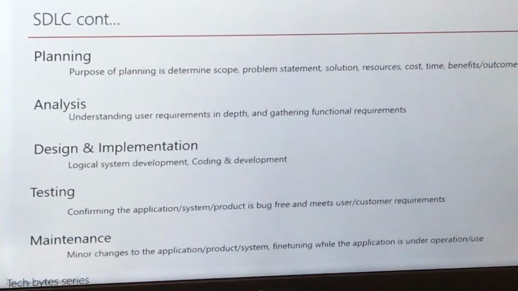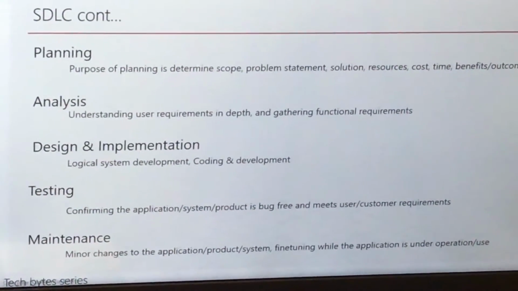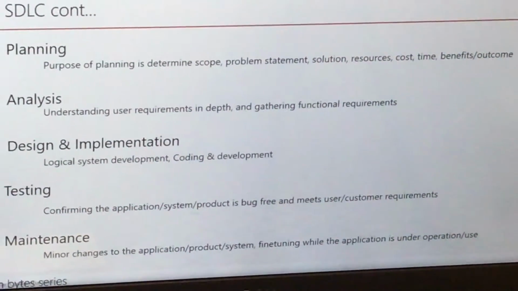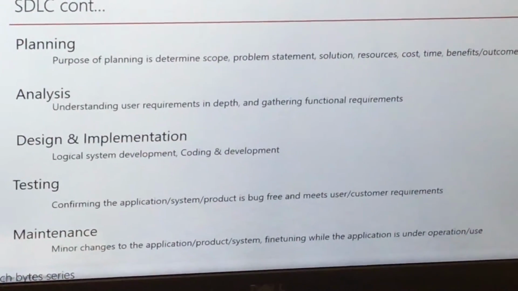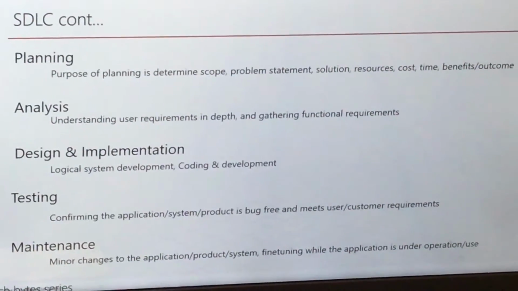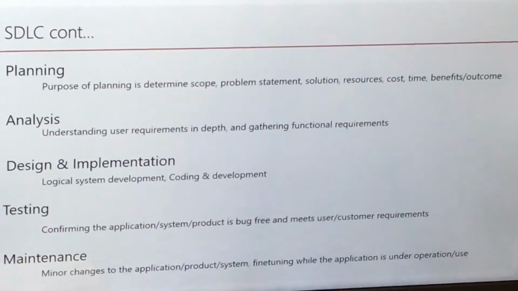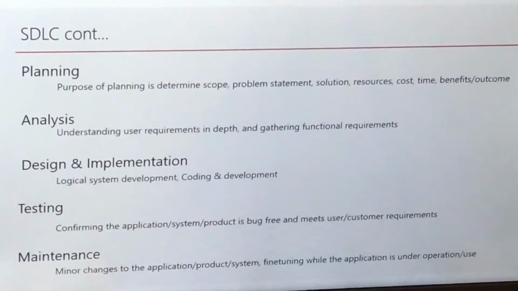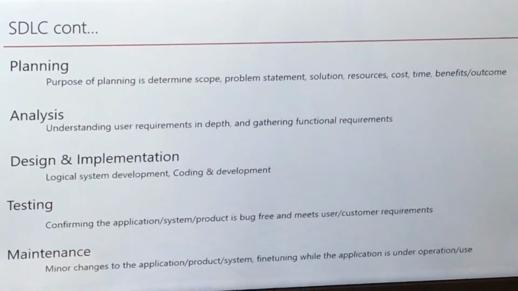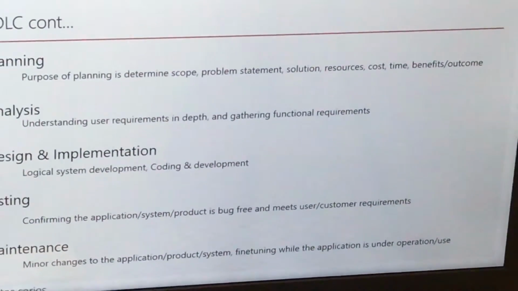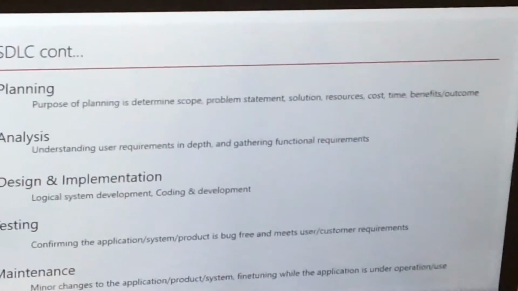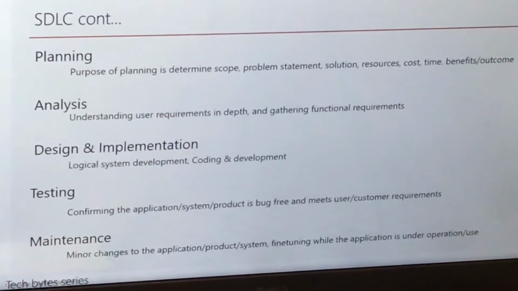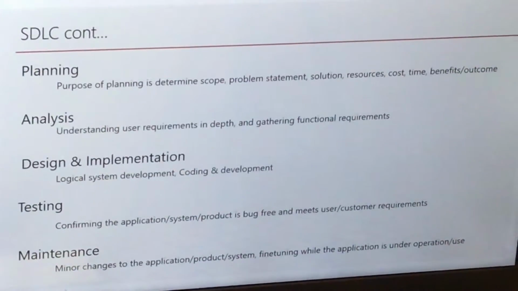At the same time, we plan the resources, which could be human resources, software, or hardware. We also plan the cost for the resources and the software development, the time by when we are going to deliver the project, and finally the benefits or outcome we are going to achieve. These are all discussed in detail as part of the planning phase.